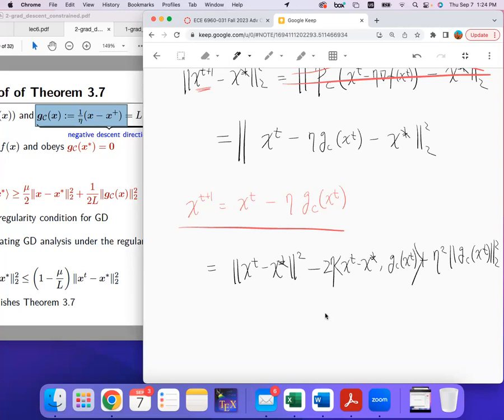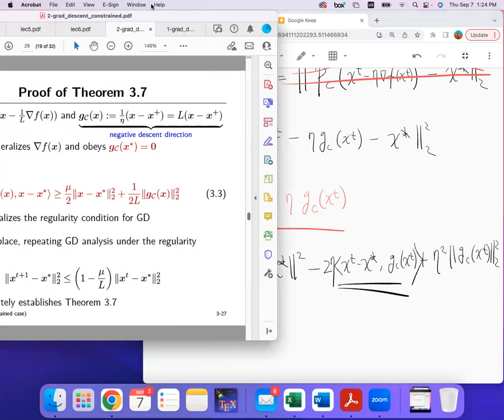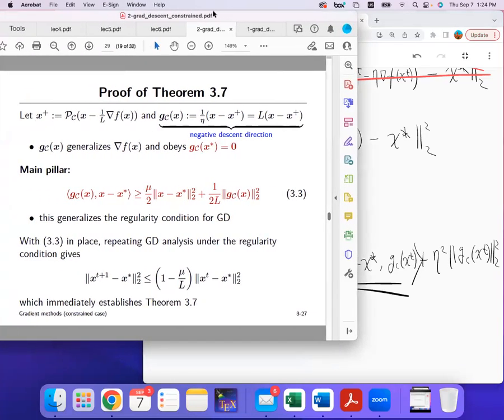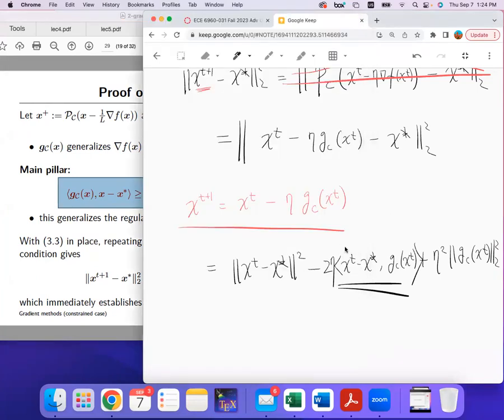And for this dot product term, you can use this inequality to get an upper estimate of this inner product term, because there's a negative sign.